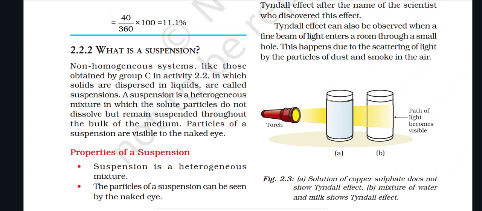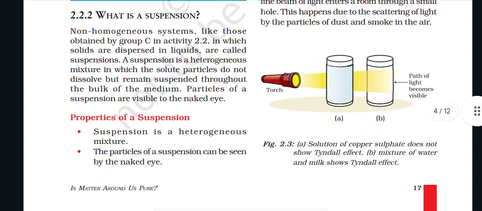Next, what is meant by suspension? Non-homogeneous systems in which solids are dispersed in liquids are called suspensions. A suspension is a heterogeneous mixture in which the solute particles do not dissolve but remain suspended throughout the bulk of the medium. Particles of a suspension are clearly visible to the naked eye. There are properties of suspension.